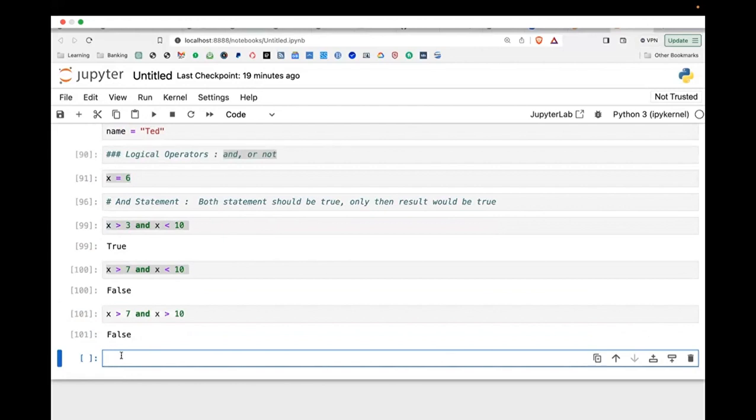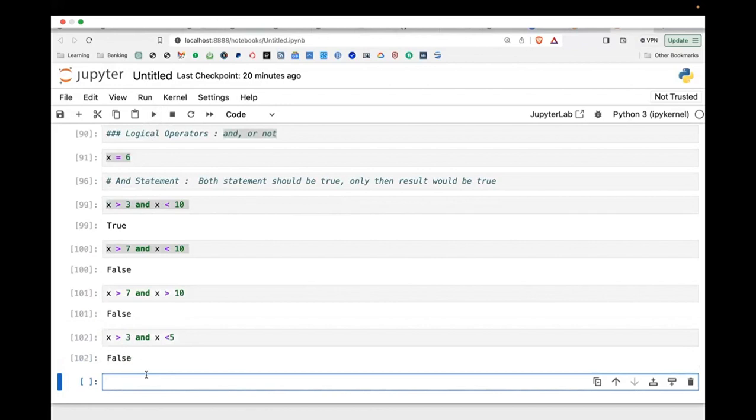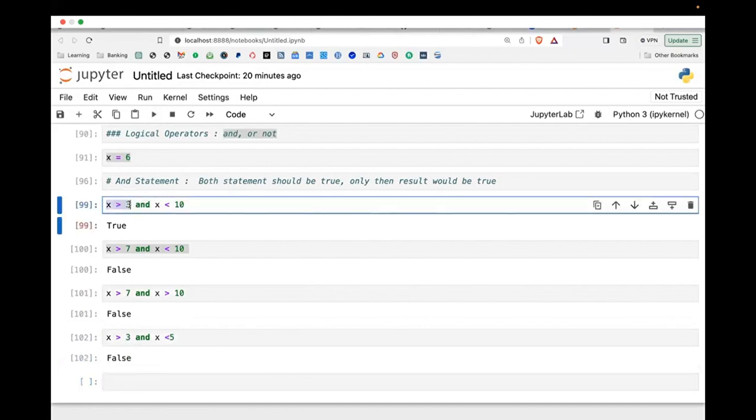And then I will say x is greater than 3 and x is less than 5. Then it is also false. So what I am trying to say is, both the statements should be true. Only then your result would be true. Do you get this point or no?